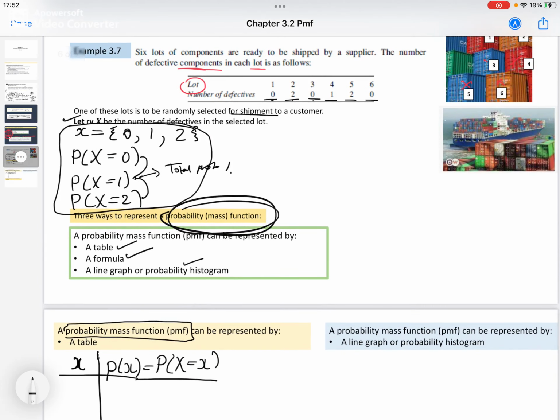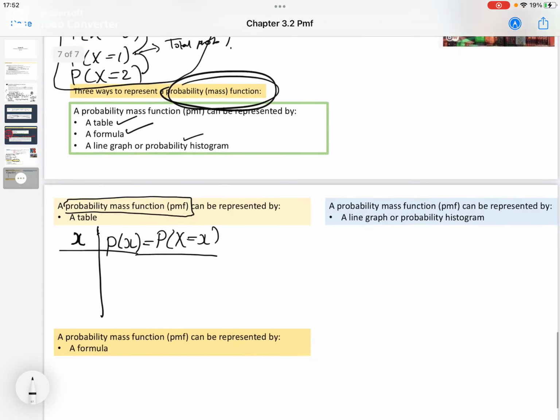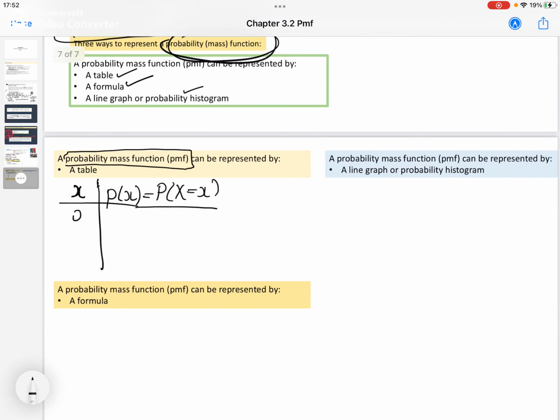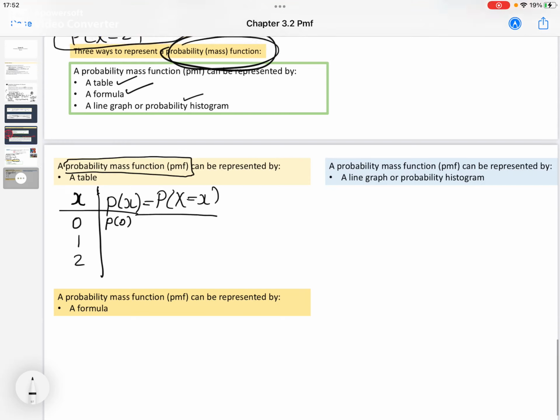In this case, our random variable x can take on values 0, 1, and 2. So I will write here in the first column 0, 1, and 2. Now, what is the probability that you observe the numerical value 0? Or what is the probability that you'd have 0 defectives in a randomly selected container?